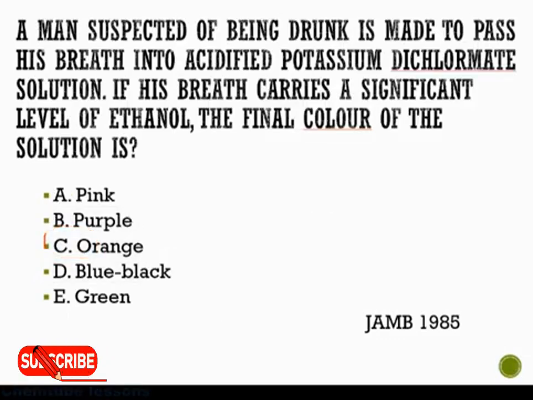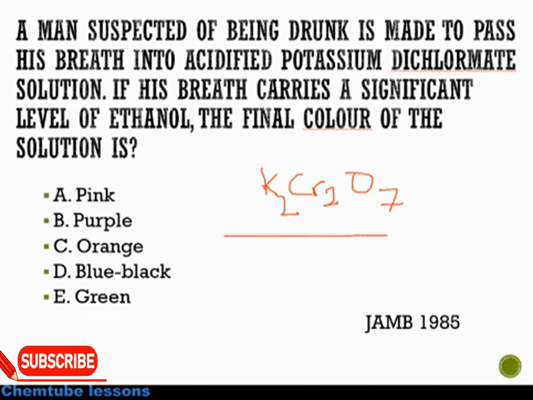A man suspected of being drunk is made to pass his breath into acidified potassium dichromate solution. That compound is K2Cr2O7. If his breath carries a significant level of ethanol, the final color is going to be green.